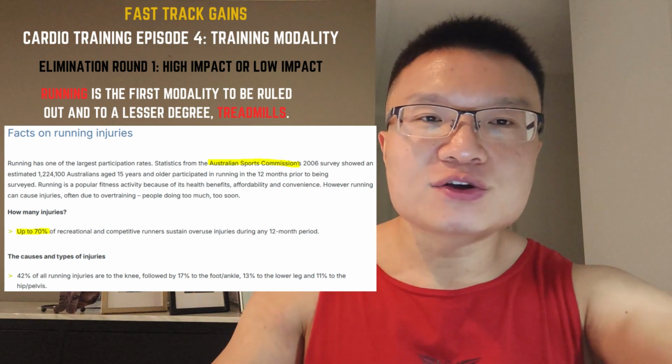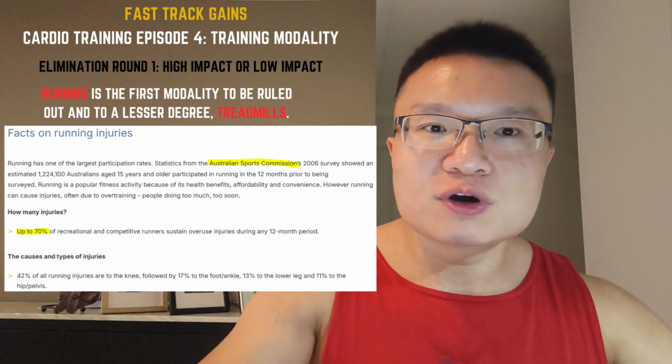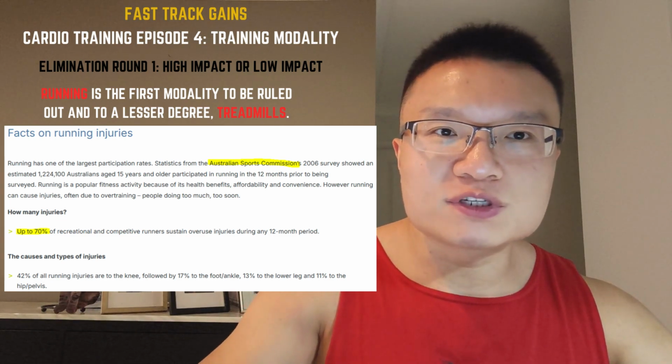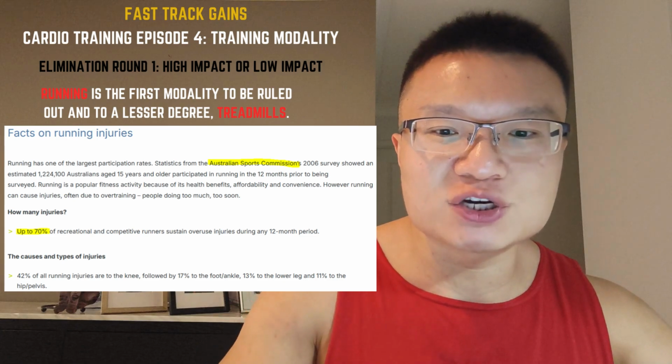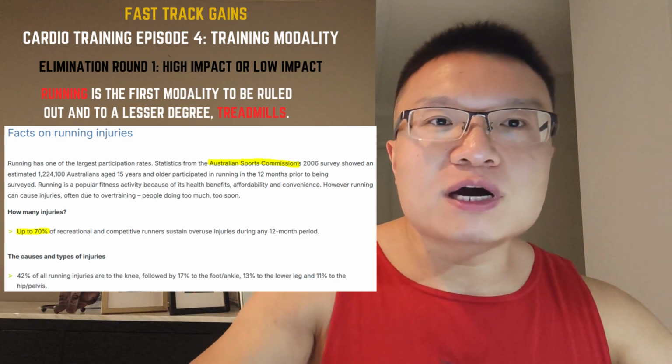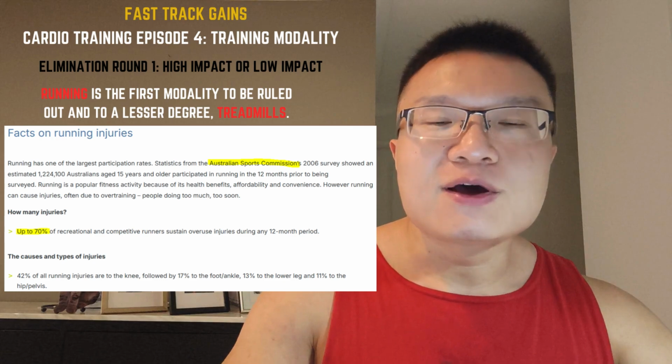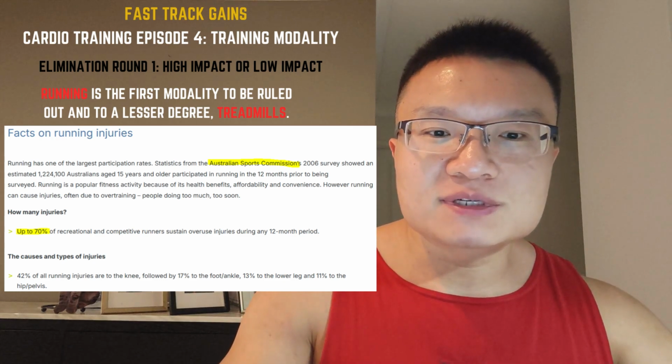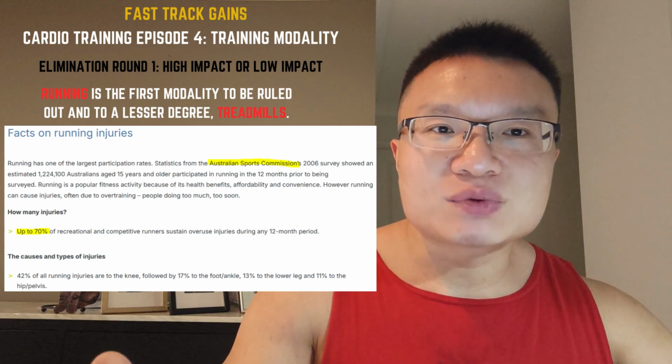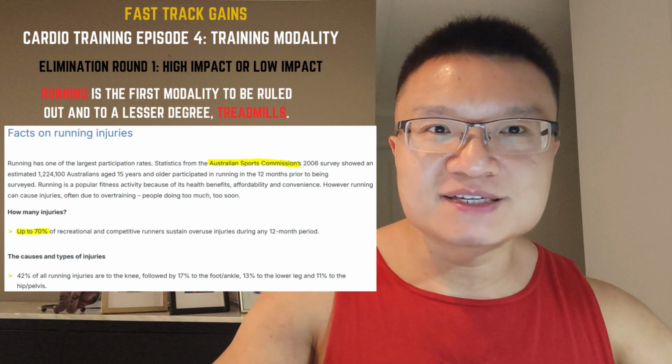So, unless you're a zealous runner, which you are not, because I know you are watching this channel and this is a physique channel, running and treadmills have to go as the worst cardio training modality.